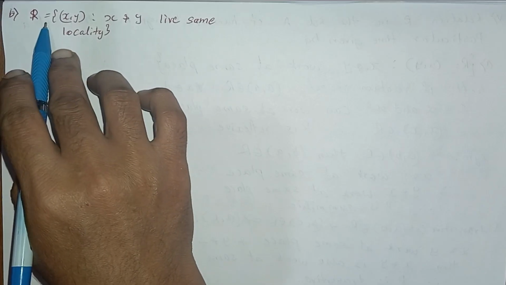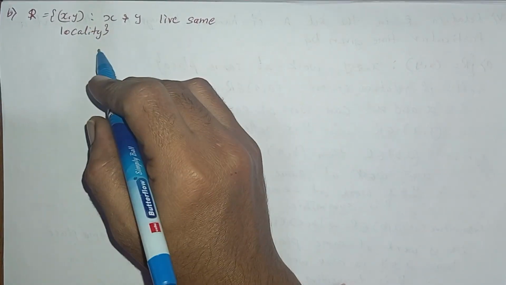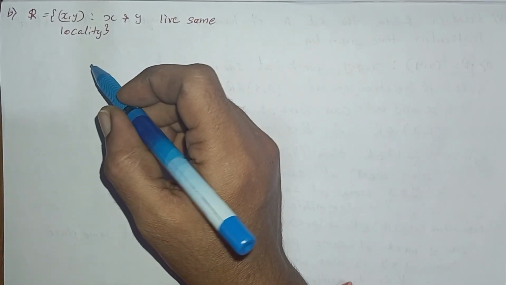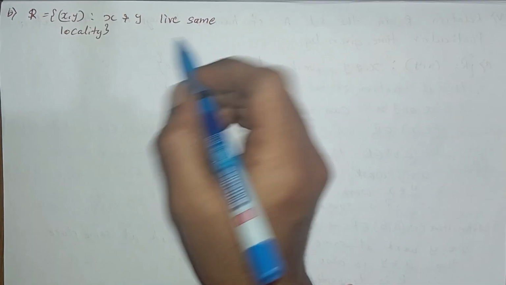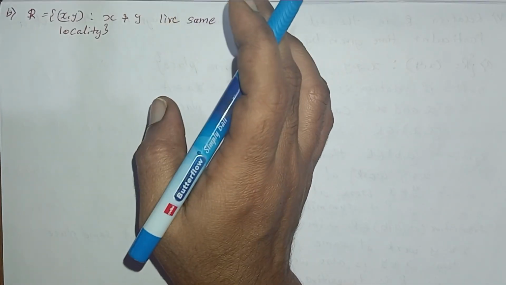Question number B, where R = {(x, y) : x and y live in the same locality}. Here they have given that x and y are living in the same locality. We have to check for reflexive, symmetric and transitive.